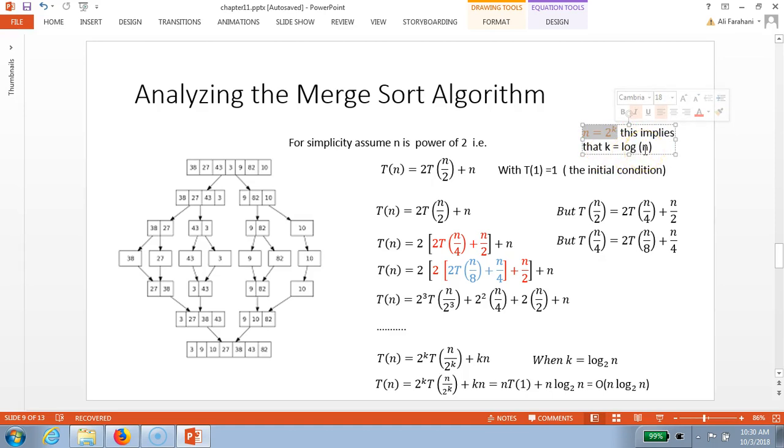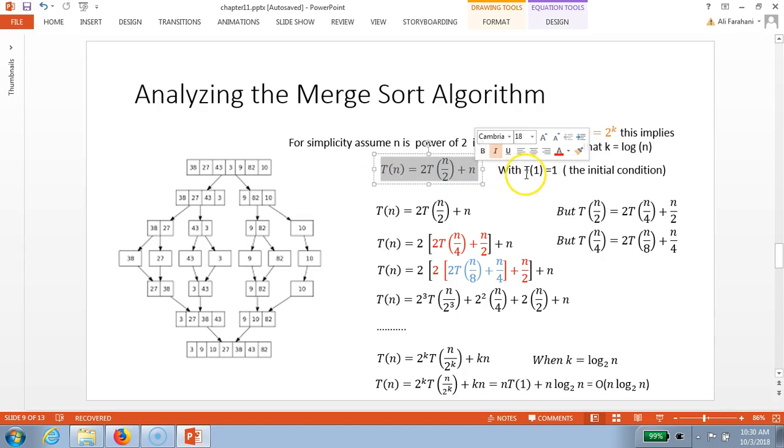So again, we assume n is a power of 2, which means n is 2 to the k, and k is log base 2 of n.